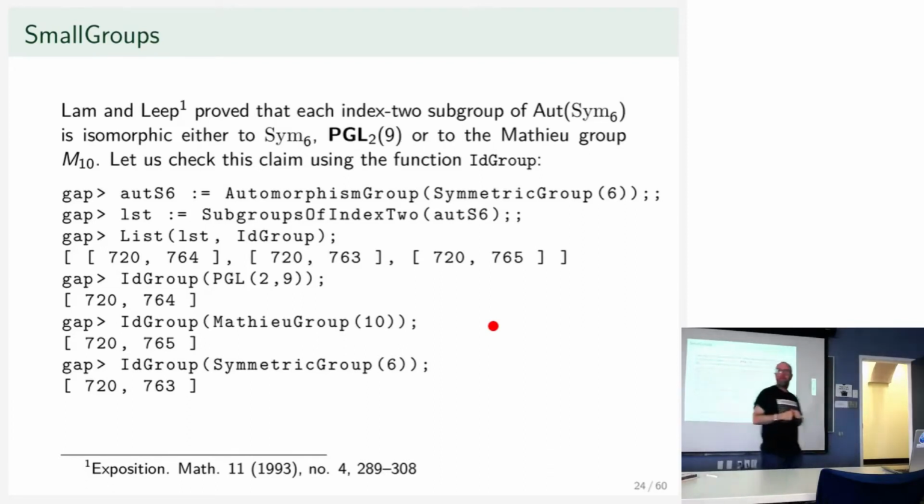I'm surprised that the function for subgroups of index 2 only returns 3 subgroups, where there must be many more. Is it returning the isomorphism classes or the actual subgroups? I think subgroups. Because they are normal, up to conjugation you don't have different conjugacy classes.